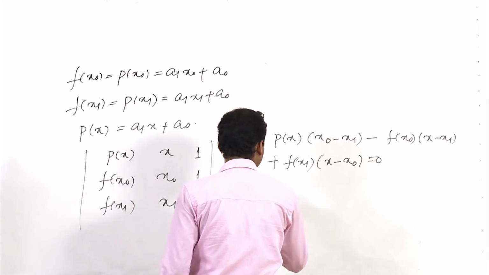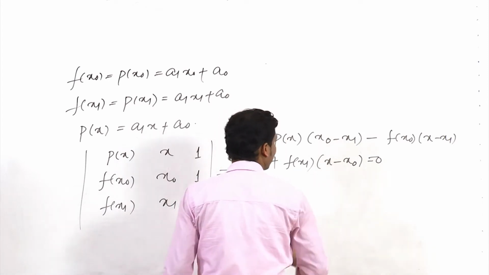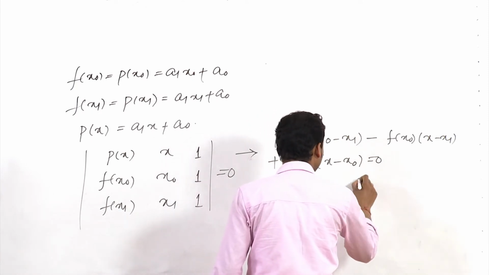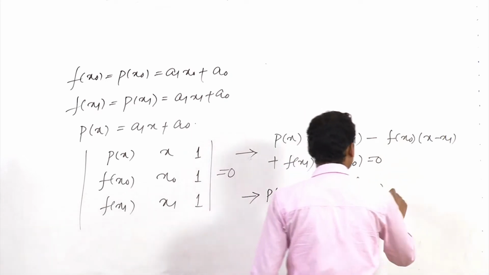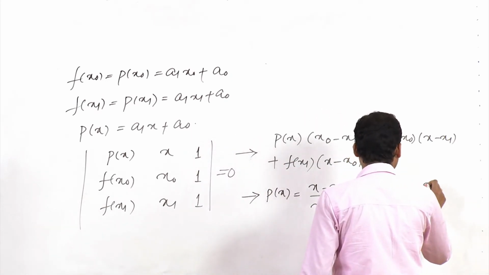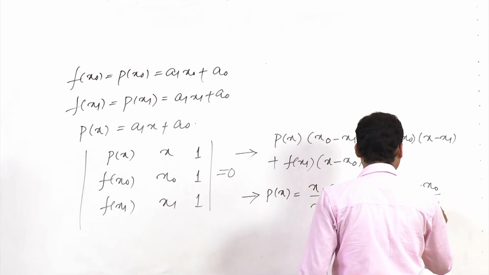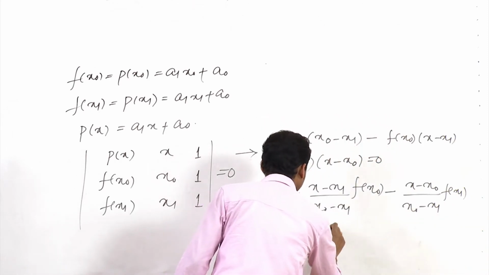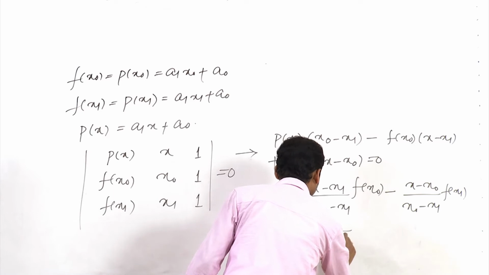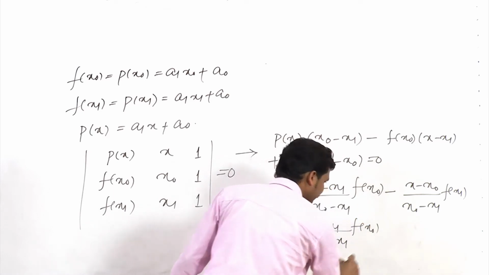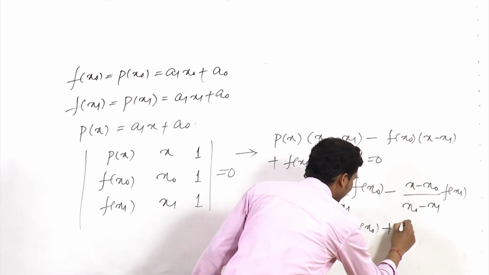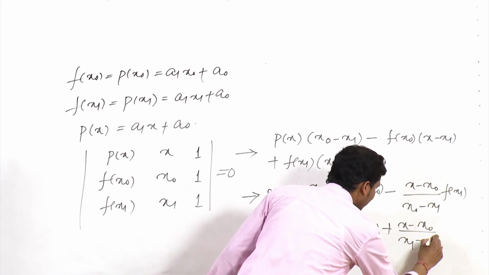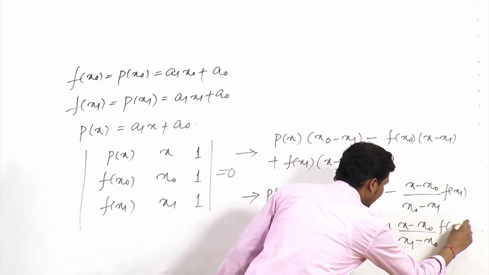written as p of x equals x minus x1 divided by x0 minus x1 f of x0 minus x minus x0 divided by x0 minus x1 f of x1, which can be written as x minus x1 by x0 minus x1 f of x0 plus x minus x0 by x1 minus x0 f of x1 here.